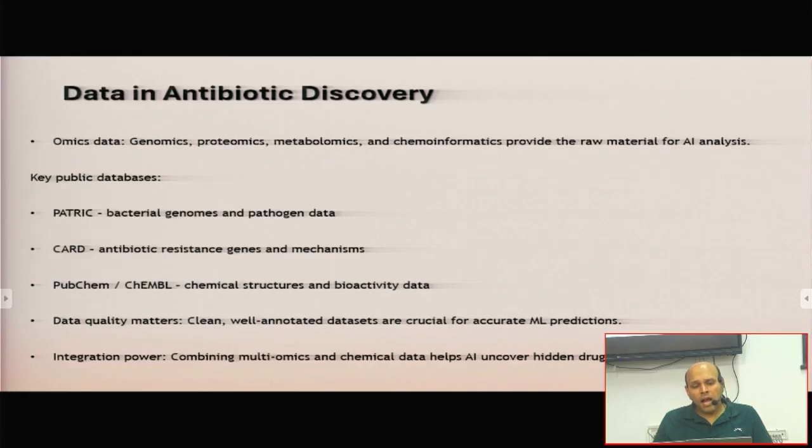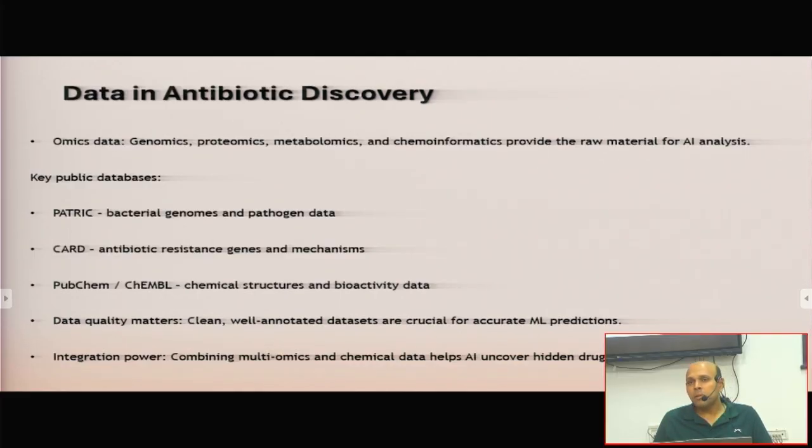Then you have CARD. The CARD database looks at antibiotic resistance genes and mechanisms. We have Kleborate, for example, for Klebsiella pneumoniae. Many databases are there.